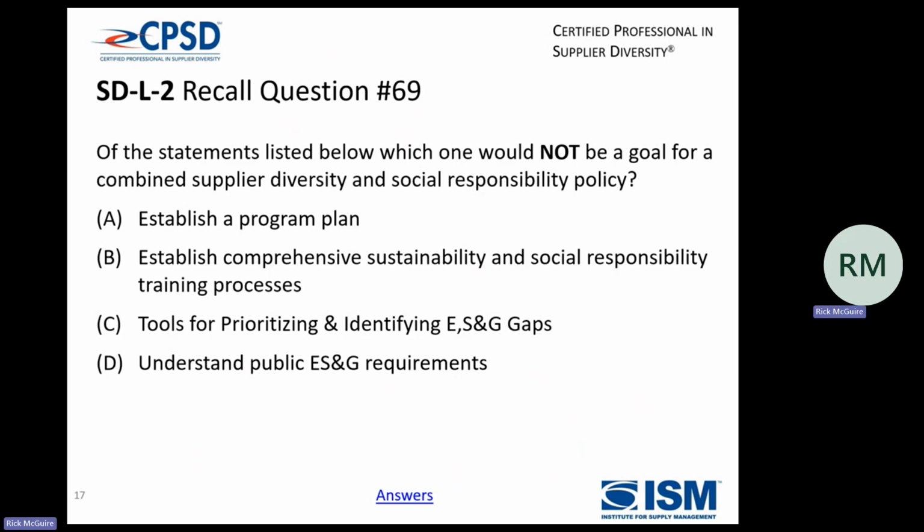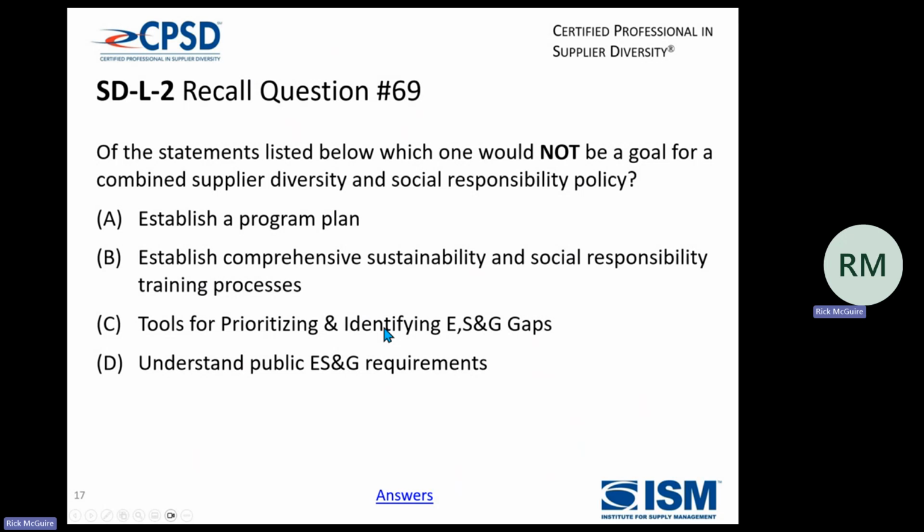All right, of the statements listed below, which one would not be a goal for a combined supplier diversity and social responsibility policy? Not be a goal. Establish a program plan, that would be one. Establish comprehensive sustainability and social responsibility training process, that would be one. Tools for prioritizing and identifying ESG gaps. Understand public ESG requirements.